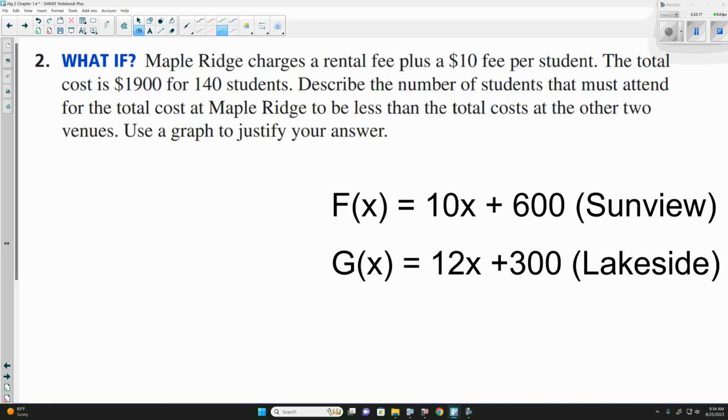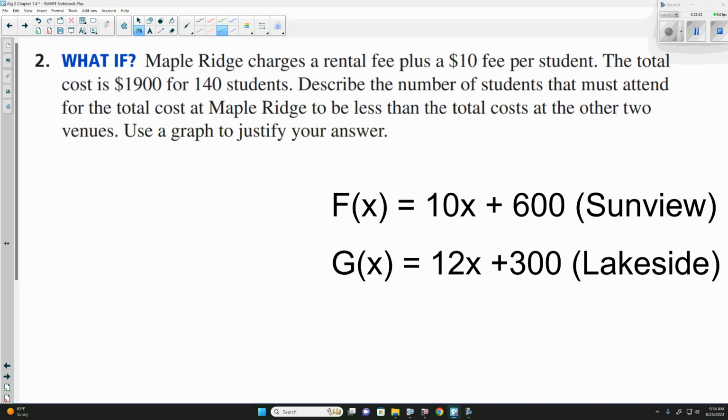Maple Ridge charges a rental fee of $10 per student. The total cost is $1,900 for 140 students. Describe the number of students that must attend for the total cost at Maple Ridge to be less than the total cost at the other two venues. Use a graph to justify your answer.